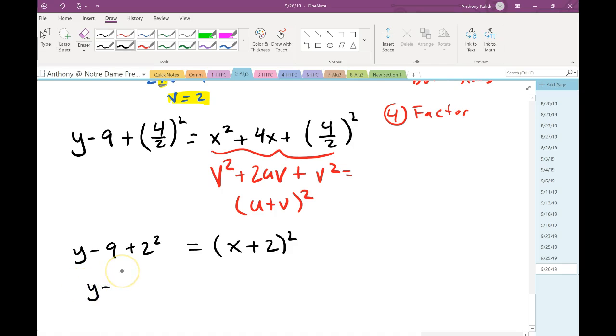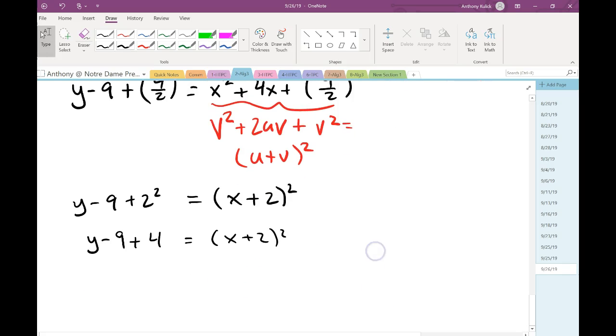Now if I go to the left-hand side there, 4 divided by 2 is 2, and 2 squared is 4. And if I add that 4 and negative 9 together, I get negative 5.